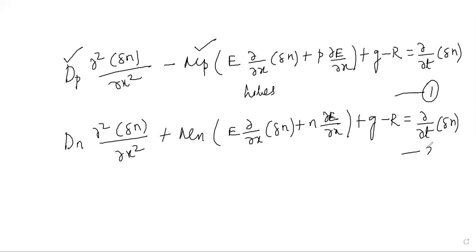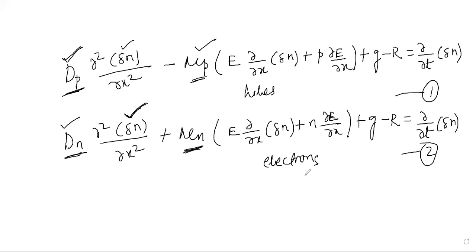So this is our time dependent diffusion equation for excess electrons. Here D_n is the diffusion coefficient of electrons, mu_n the mobility of electrons, D_p the diffusion coefficient of holes, and mu_p the mobility of holes. Once this is done, we have the time dependent diffusion equations for excess electrons and holes.